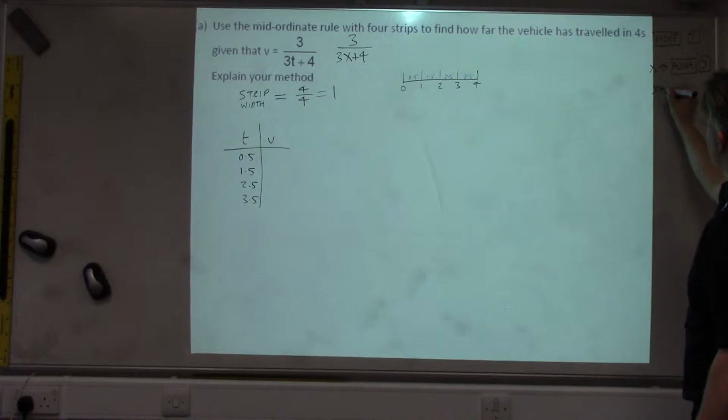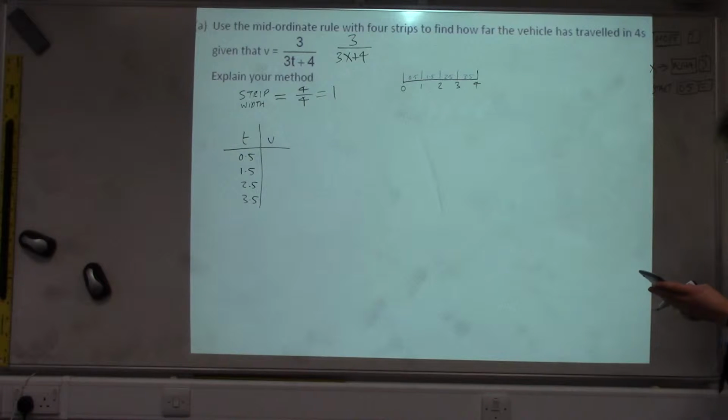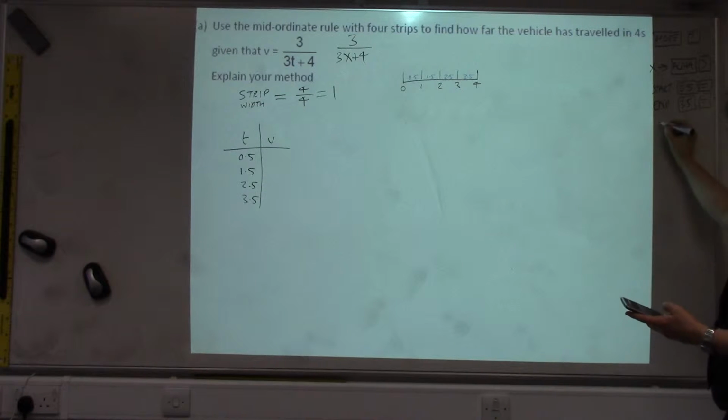Our start is 0.5. Our end is 3.5. And our step is 1.